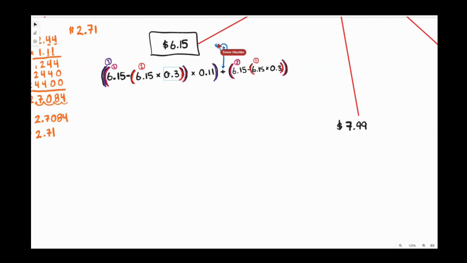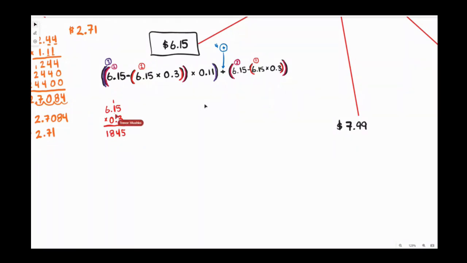So I'm going to find out the innermost bracket first. So I go 6.15 times 0.3. Okay. So 5 times 3 is 15. 5 goes down, 1 comes up. 3 times 1 is 3, plus the 1 is 4. 3 times 6 is then 18.